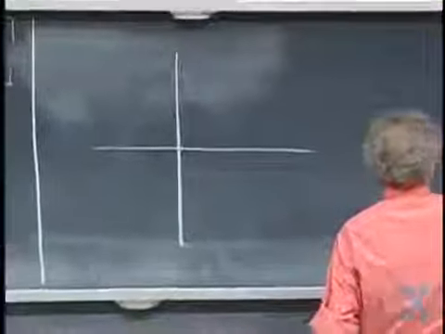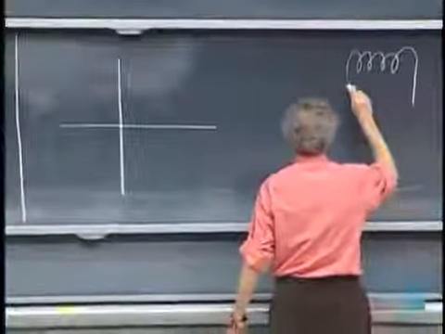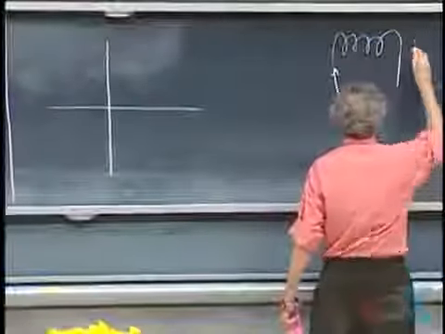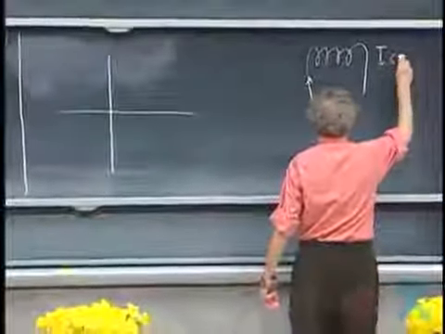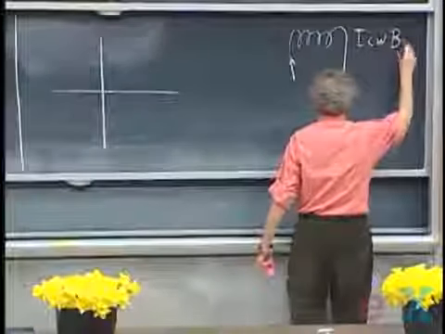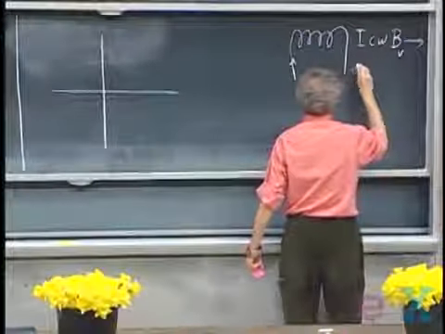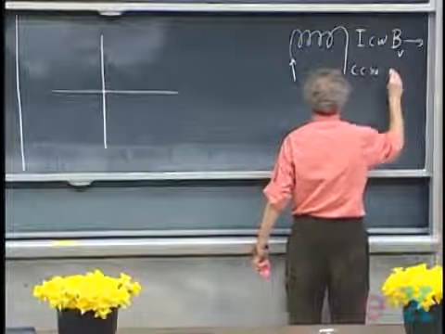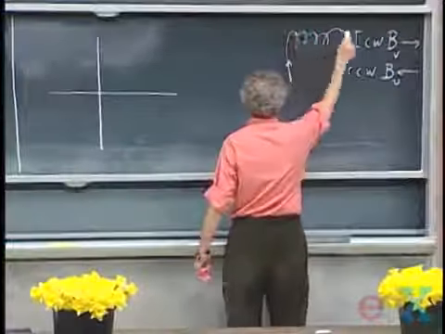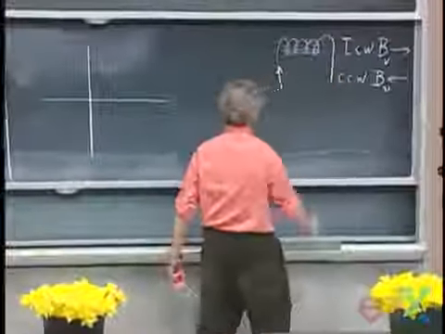I have a solenoid, and I run a current through that solenoid. And if the current is in clockwise direction, my vacuum field will be in this direction. And when the current is in counterclockwise direction, I will assume that my vacuum field is in this direction. So there is ferromagnetic material in here.